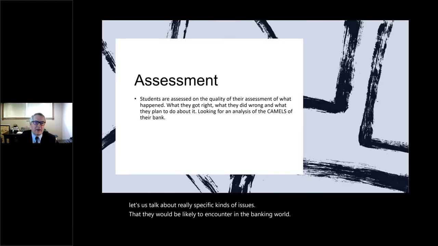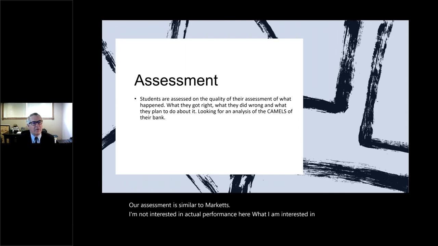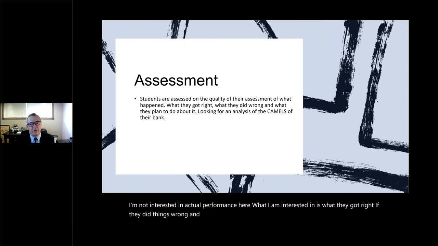Our assessment is similar to Marquette's. I'm not interested in actual performance here. What I am interested in is what they got right, if they did things wrong, and what they plan to do about it. And I'm looking for them to demonstrate that they understand the concepts and what's going on.